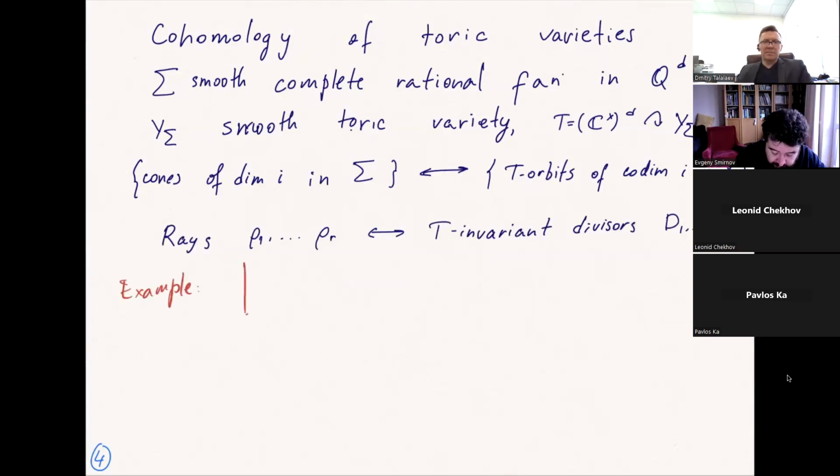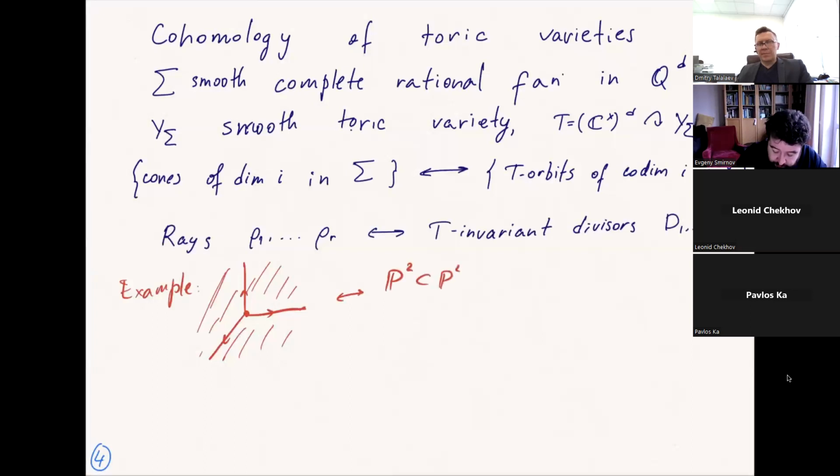So suppose you have a subdivision of your plane into 3 parts. Well, 3 rays and 3 two-dimensional cones between them. So this corresponds to the projective space P2, embedded into itself, right?